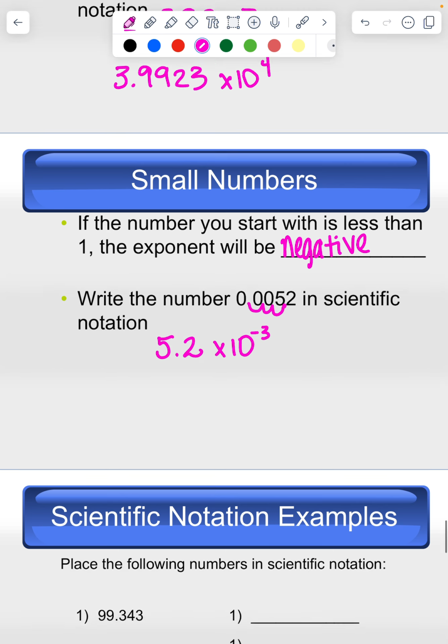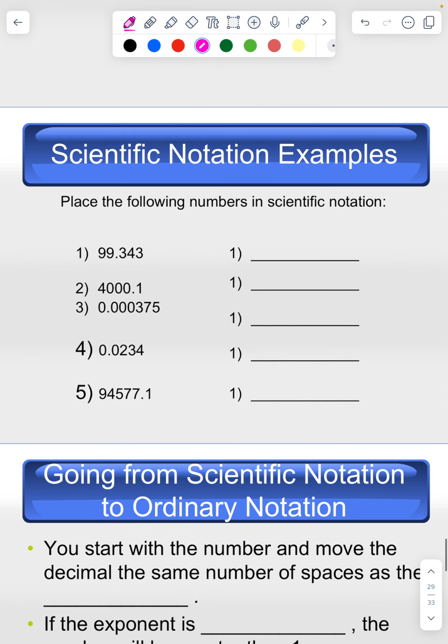If we have these numbers in ordinary or standard notation, we want to put them in scientific notation, so we move the decimal. For this first one, we only want to move it over that 1. So our coefficient is going to be 9.9343 times 10 to the first. It was greater than 1, so we have a positive exponent, and we only moved it one time.